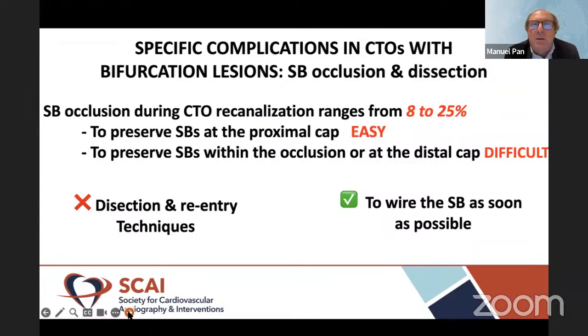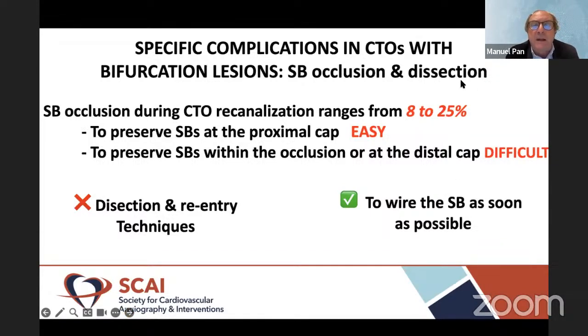And in this context, the differential complication is the side-branch occlusion. Side-branch occlusion occurs during CTO in a high proportion of cases, between 8 and 25% of the cases.